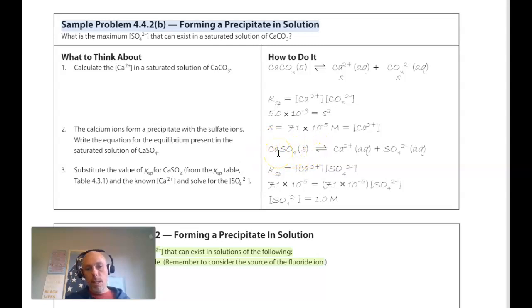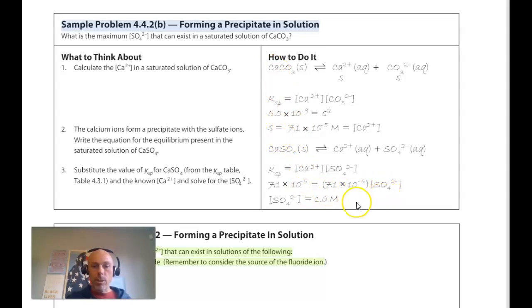So we see the equilibrium expression for calcium sulfate here. We find the Ksp for calcium sulfate from, again, the table in 4.3 at 7.1 times 10 to the minus 5. And from the prior problem, we know the concentration of the calcium ions due to the calcium carbonate's Ksp is 7.1 times 10 to the minus 5.